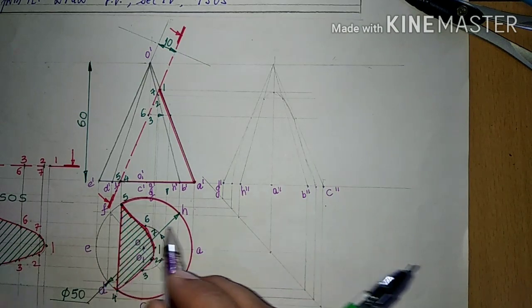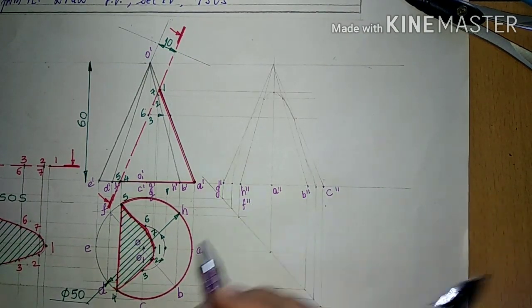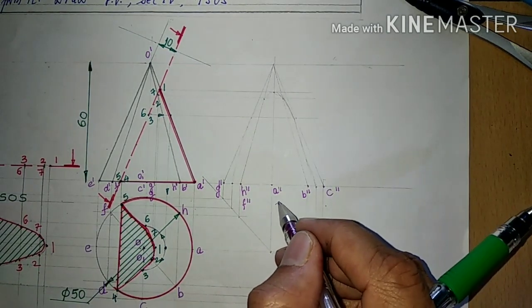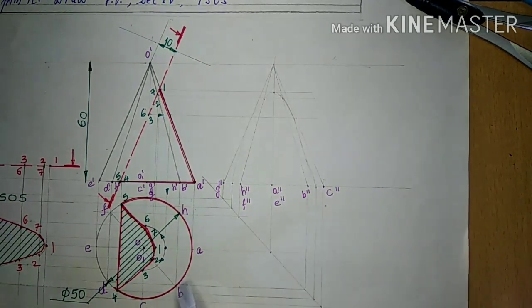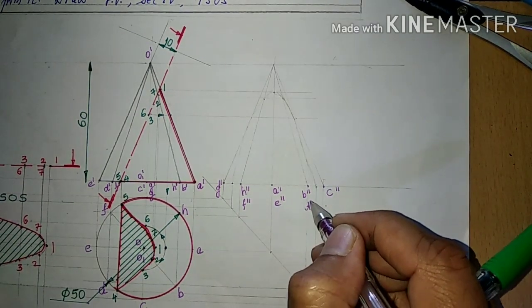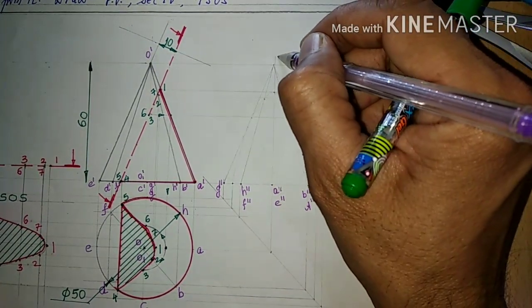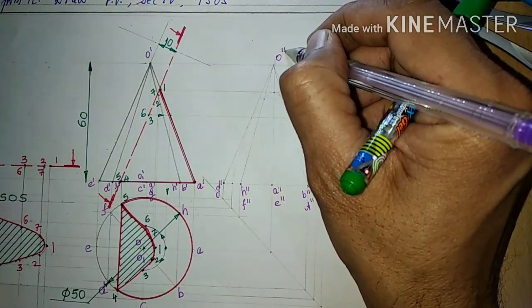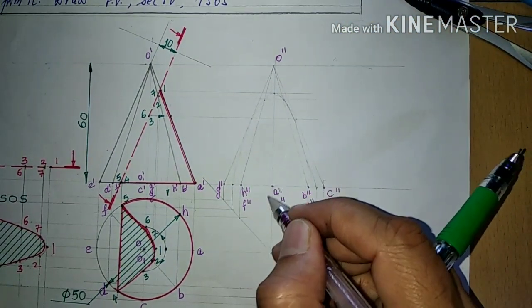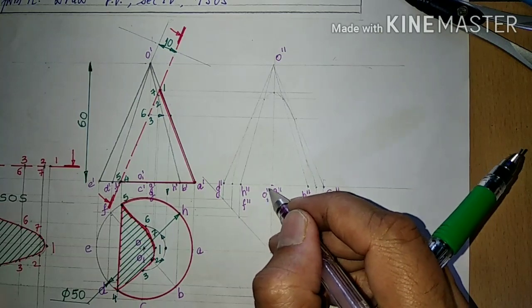The backside points F will get overlapped with H, E will get overlapped with A, D will get overlapped with B, and this is C. This will be O double dash, here O1 double dash.